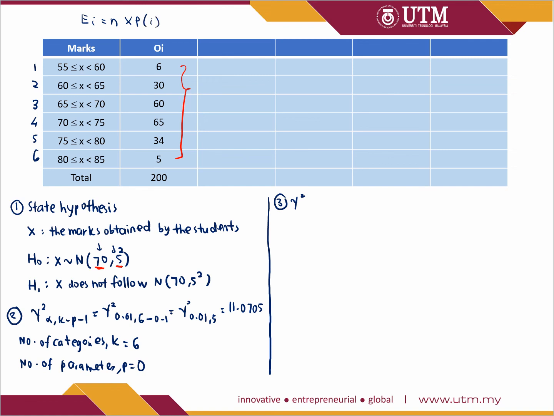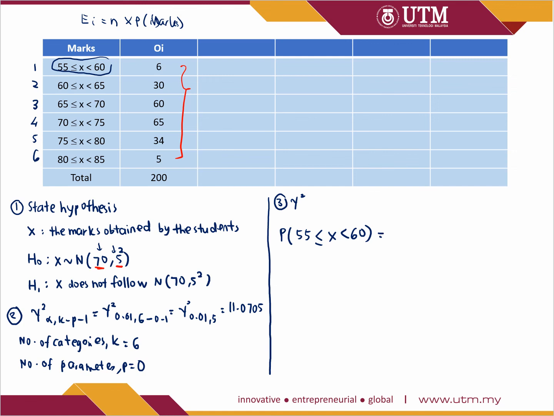Here the probability is not given, but we know the distribution is normal. So for each category, we can find the probability using the normal distribution, because our problem is to identify whether the marks follow a normal distribution or not.